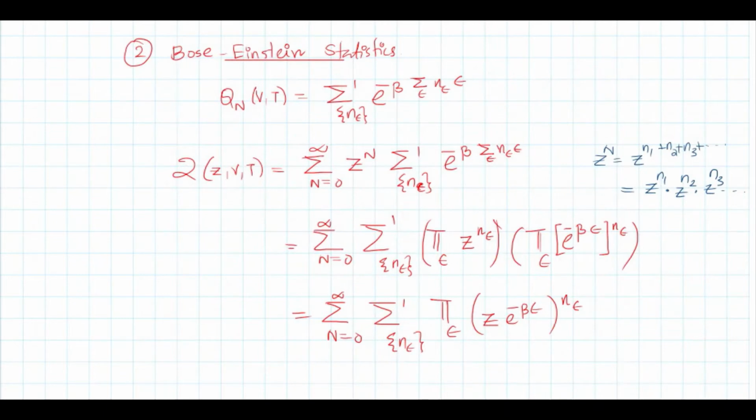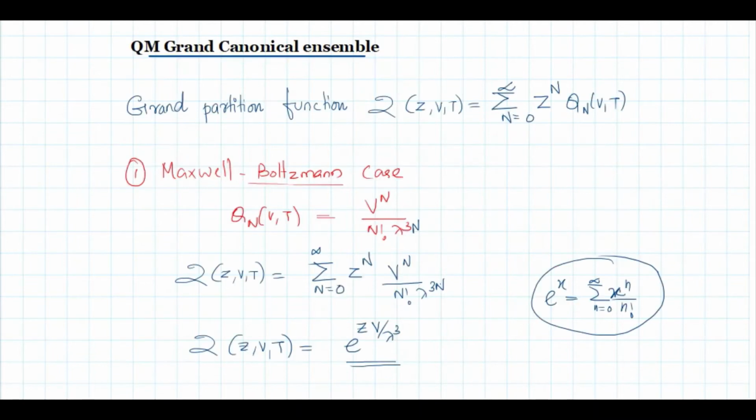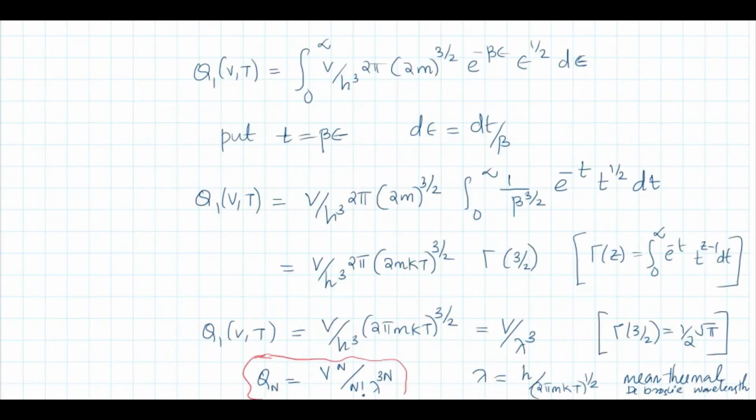But if you consider the second summation, here it can run over all the possible values of n. In the first case, the summation is over all the allowed values of n epsilon, where we have one condition that total n is fixed. Okay, in our earlier case, that n was 3.